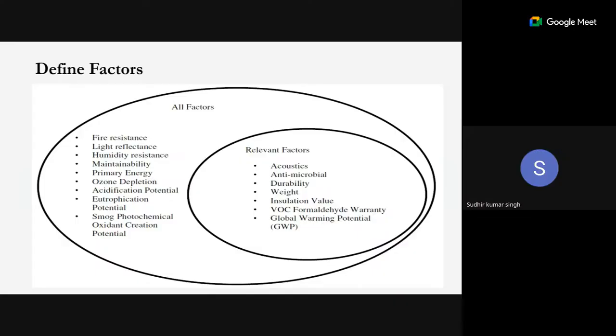Then durability has to be there, weight, because if it is light, it will put less load on the system. Insulation value has to be there, VOC, because it is being used inside. Then global warming potential, because they are supposed to go for the LEED certification. As soon as you delete this criterion of LEED Gold certification, your choice method completely changes.